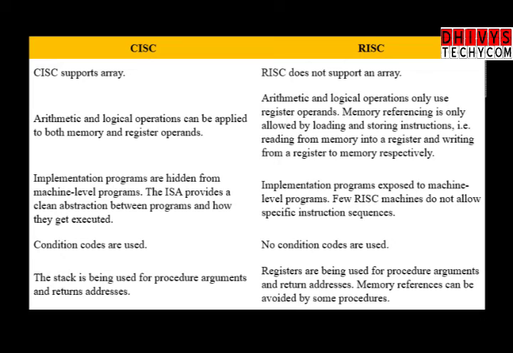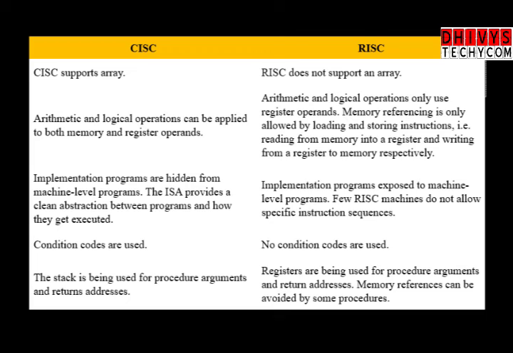And stack is used for procedure arguments and return addresses, because you want the program size to be reduced in CISC. That is why we follow the stack for procedure arguments there, but in RISC registers are used for all these procedure arguments.